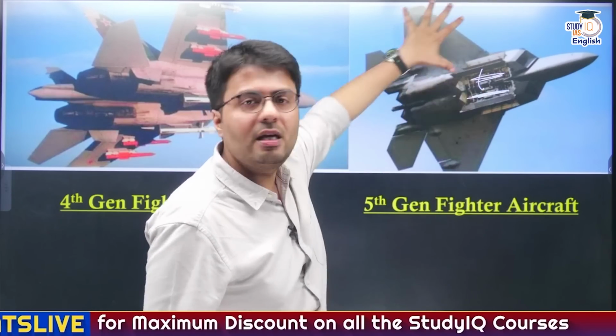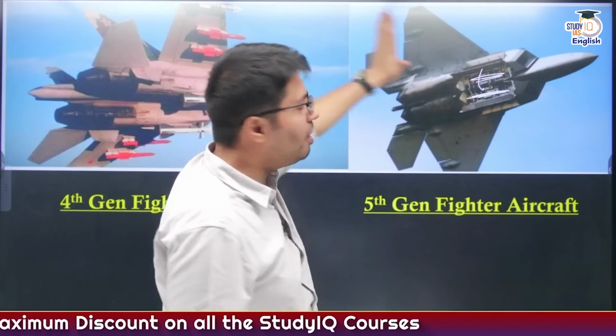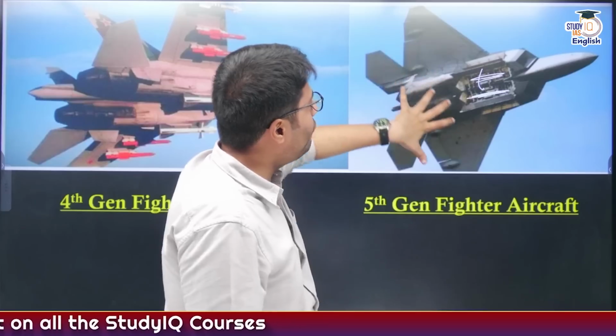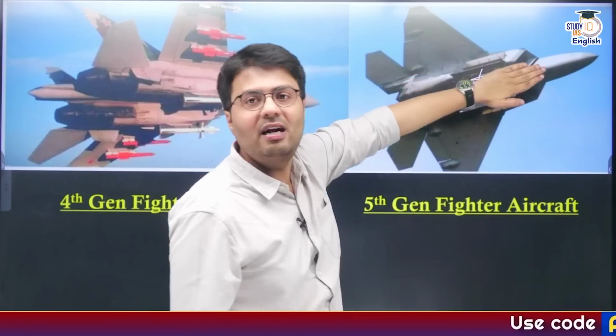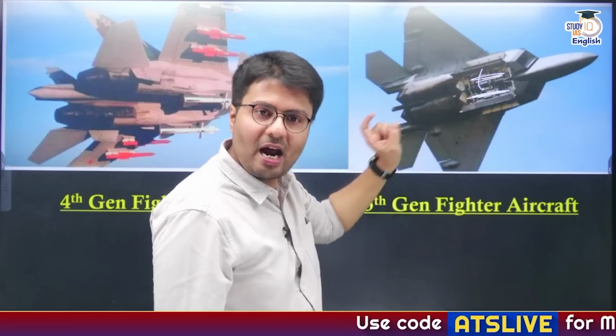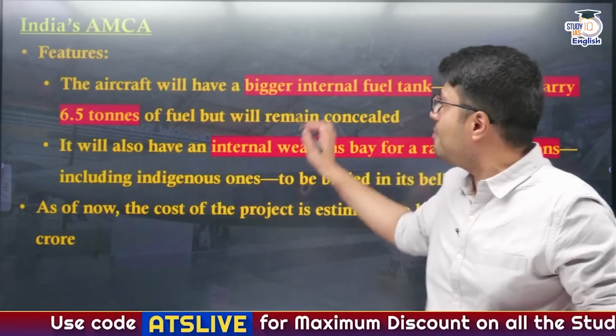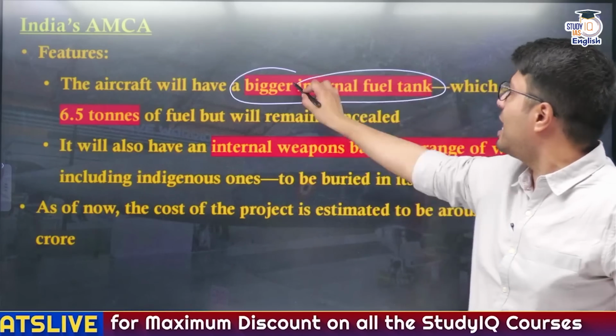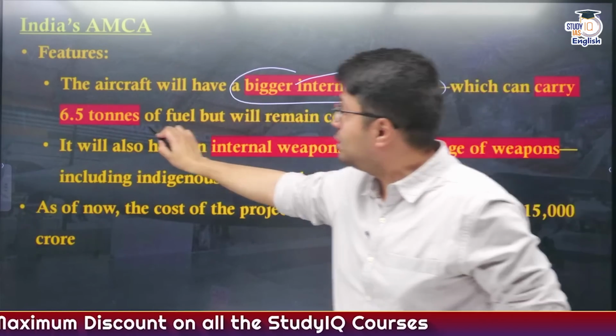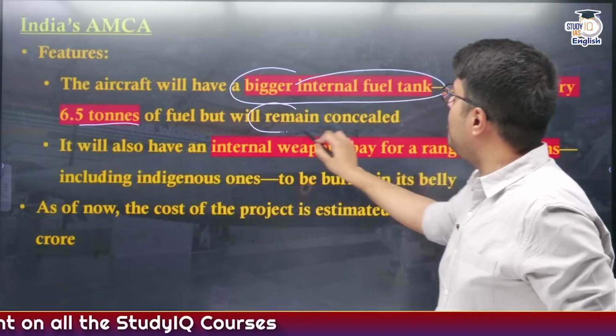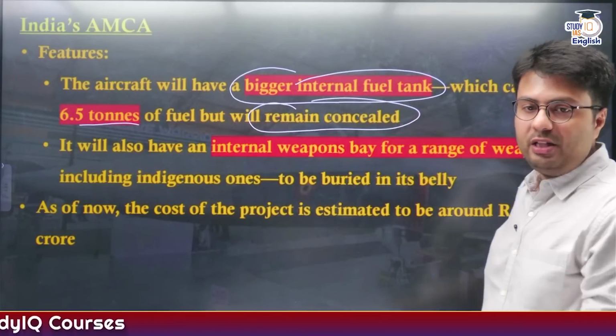So basically the biggest difference between a fourth generation and fifth generation aircraft is in terms of design, because all the weapons, all the fuel, is carried inside the aircraft body, not outside it, right? So the other features of AMCA will be that it will have a bigger internal fuel tank which can carry in excess of 6.5 tons of fuel, and this will remain concealed inside the body of the aircraft.